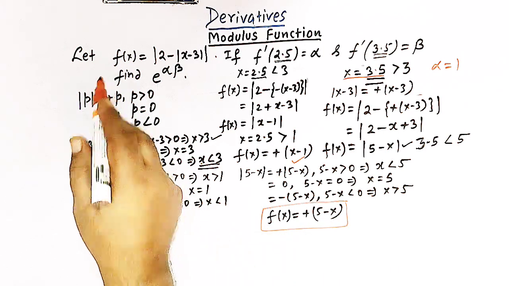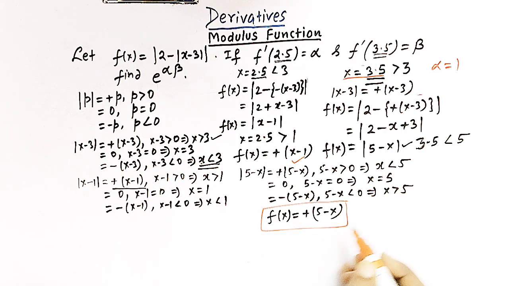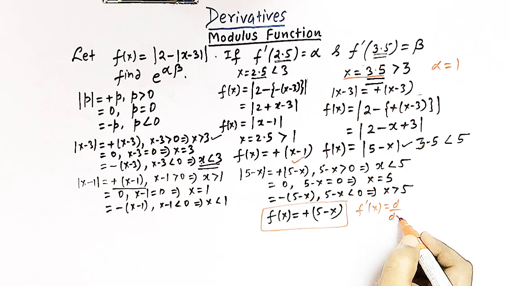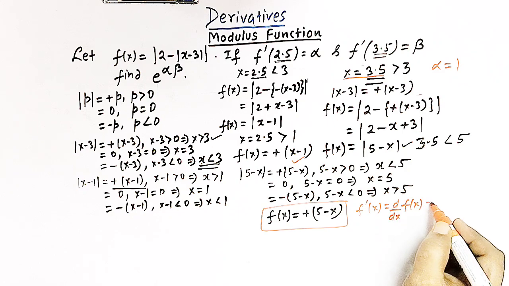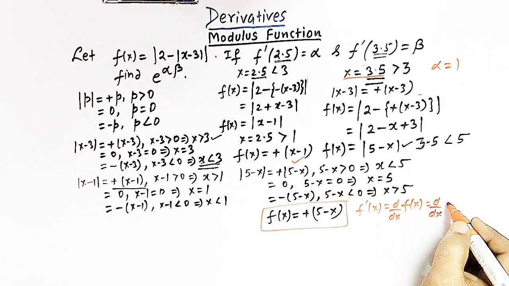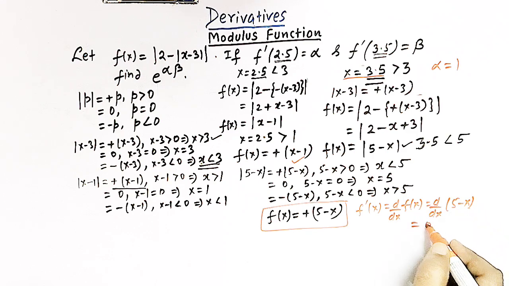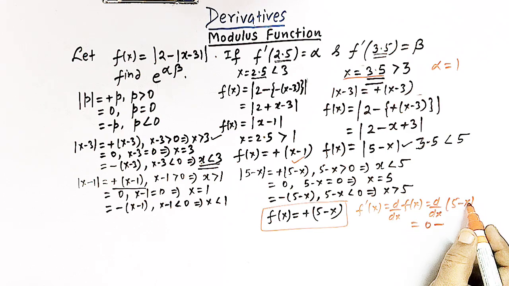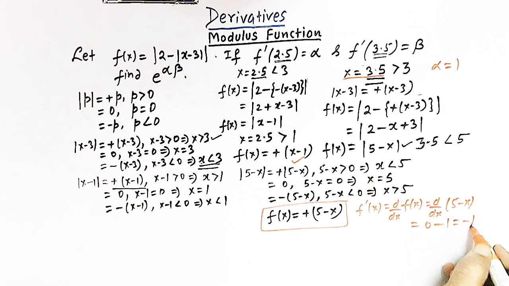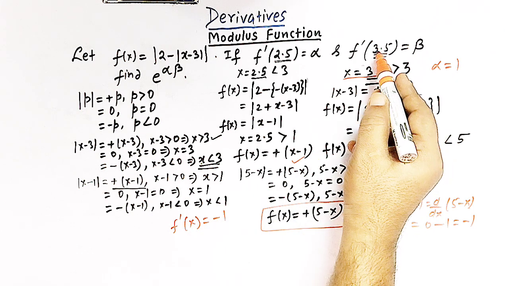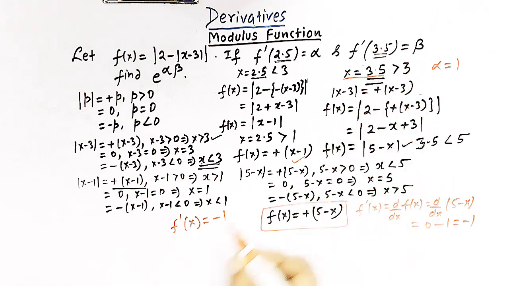So now we can differentiate f of x. So we have f prime of x is equal to d by dx of f of x, that is d by dx of 5 minus x. Now the derivative of 5 is 0 being a constant, and the derivative of x is 1, so we have minus 1. So f prime of x is now equal to minus 1, and our point is x is equal to 3.5.